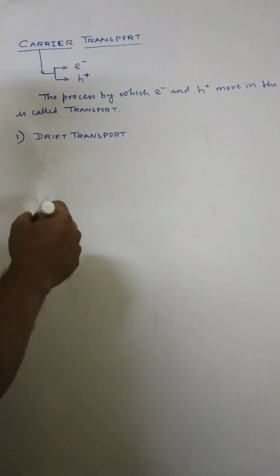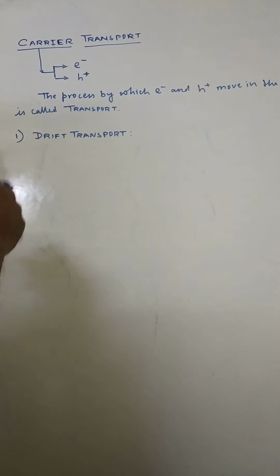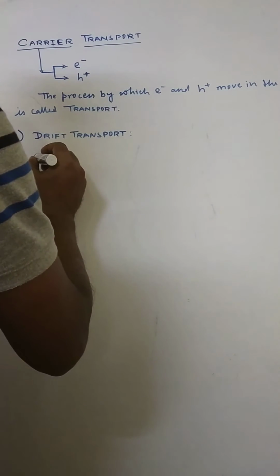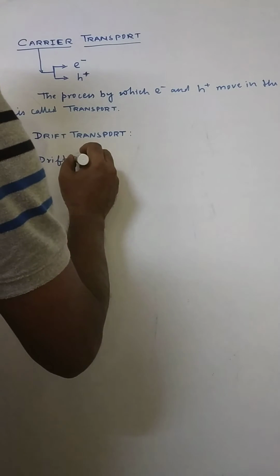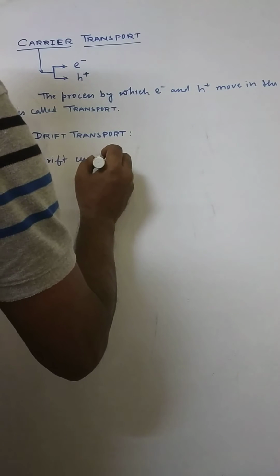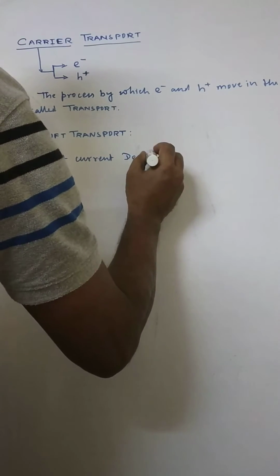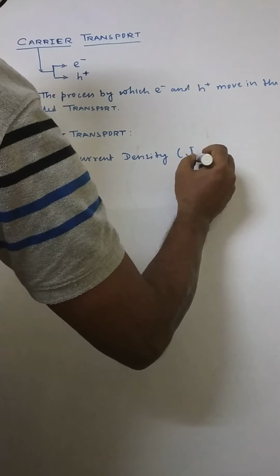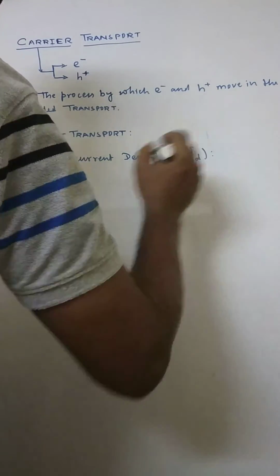The current due to this drift transport is called drift current. So let us discuss the drift current density. Let us call it JD, D for drift.